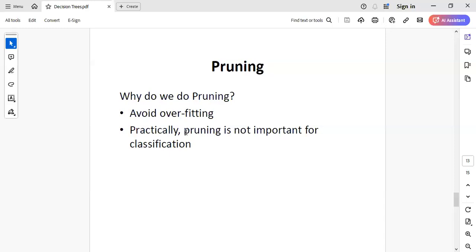Let me give you one small example. Though this is not a technical example, I will try to give it. Suppose you are riding a two wheeler which has four gears, all down.